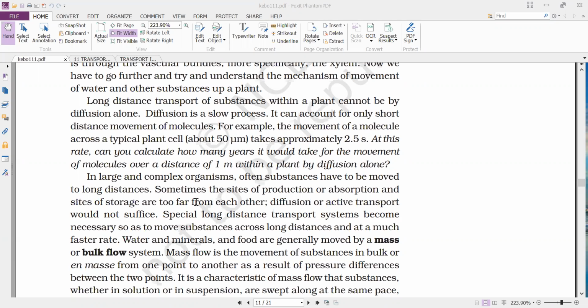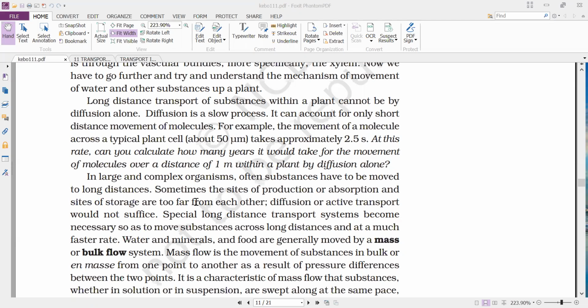So in large and complex organisms, often substances have to be moved to a long distance.